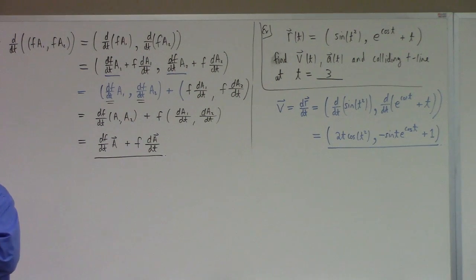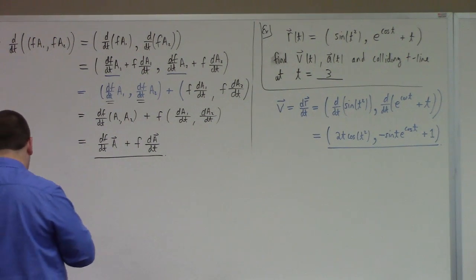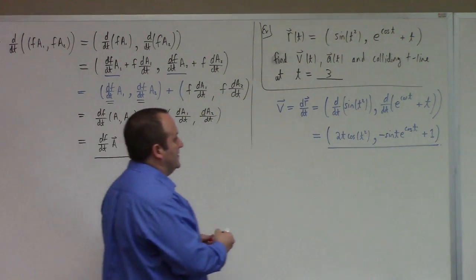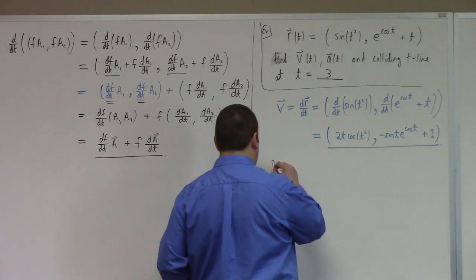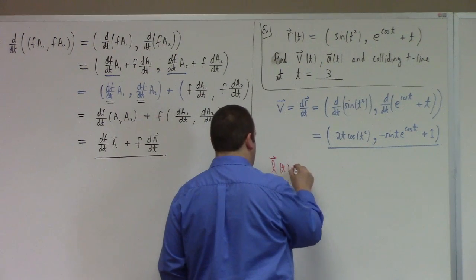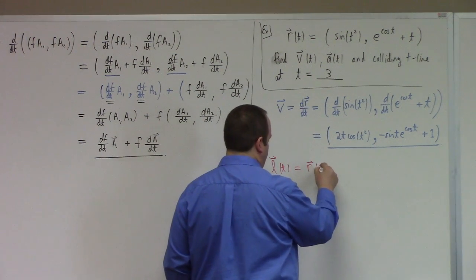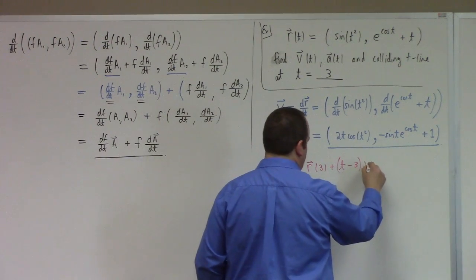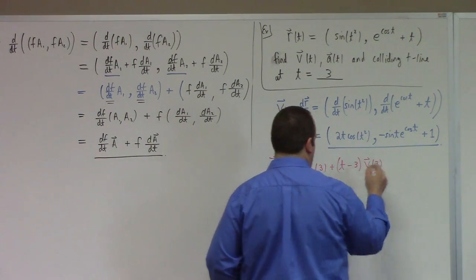What's the acceleration at time t? Actually, before I do the acceleration, now's a good time to do the tangent line. We use the velocity to find the tangent line, right? L(t) will be equal to r(3) plus (t minus 3) times v(3).